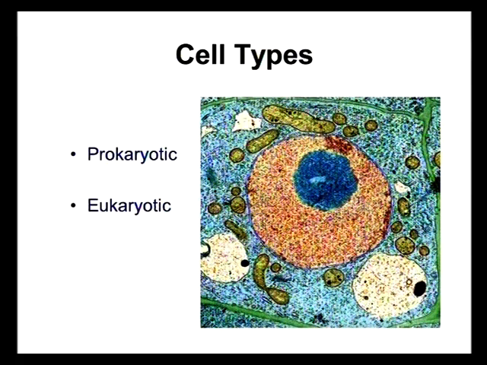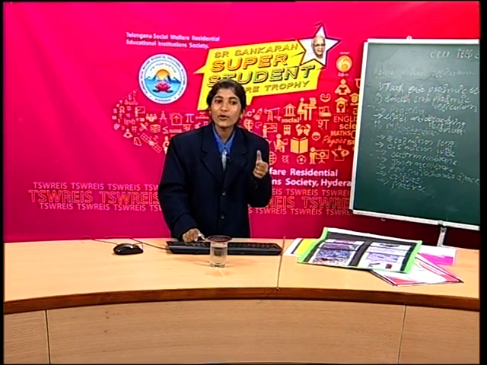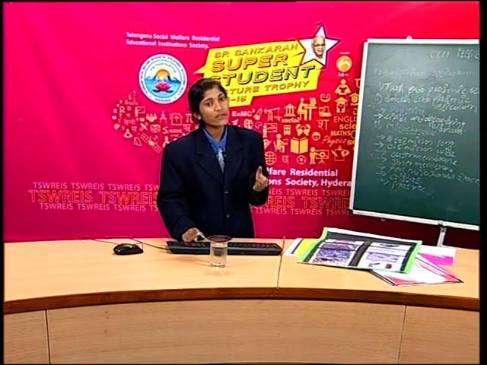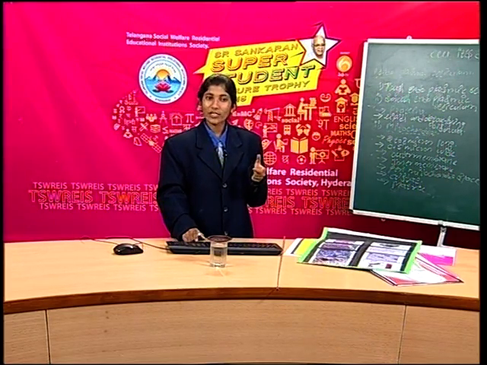Examples of prokaryotic cells are bacteria and blue-green algae. Then what is eukaryotic? Cells which contain a nuclear membrane we call eukaryotic cells. Examples of eukaryotic are human beings, plants, animals.